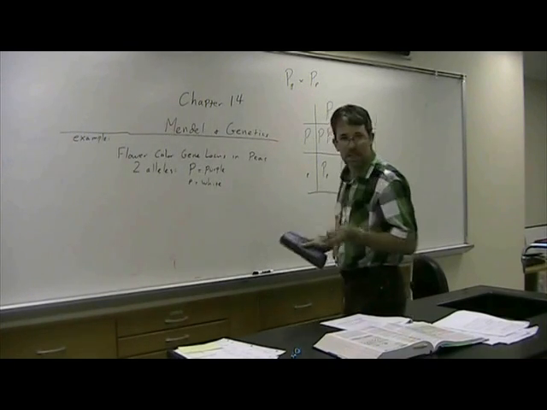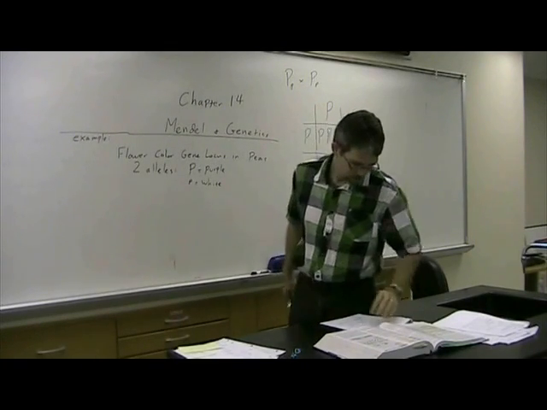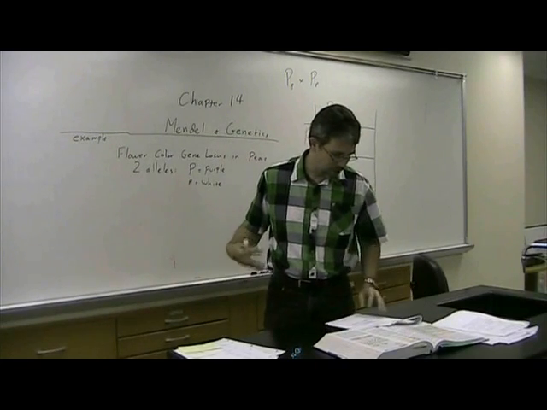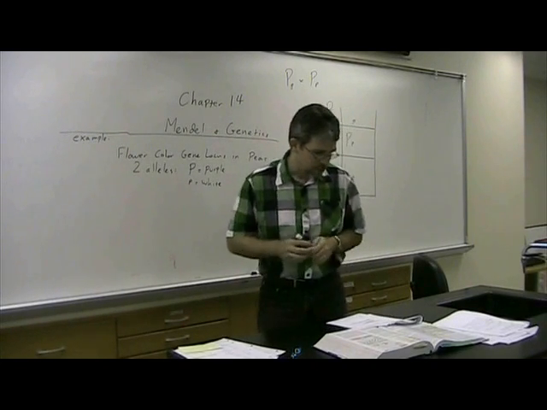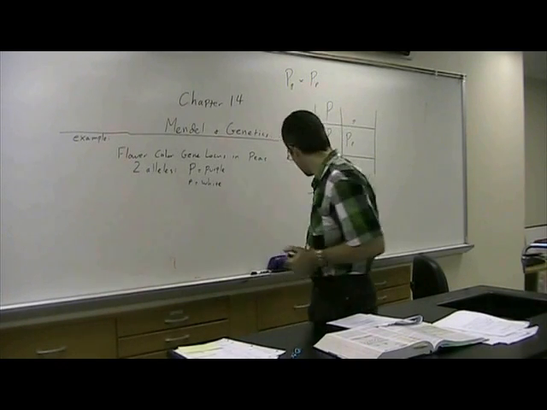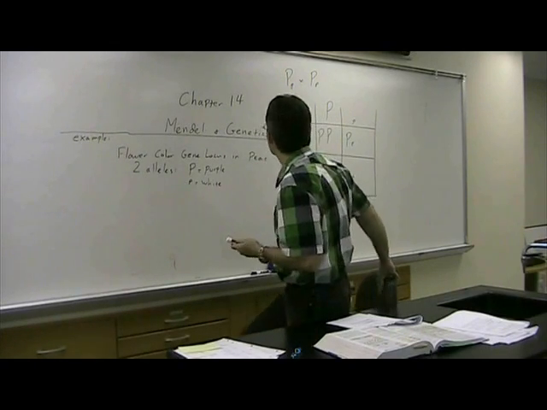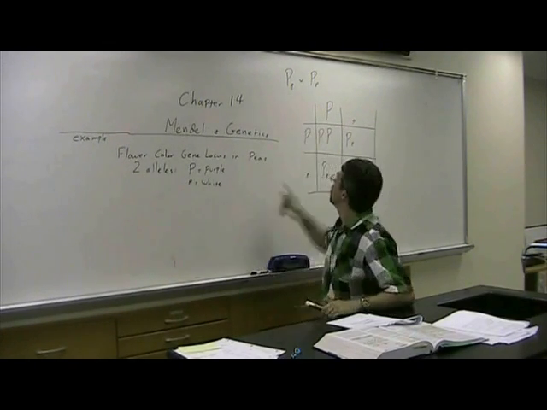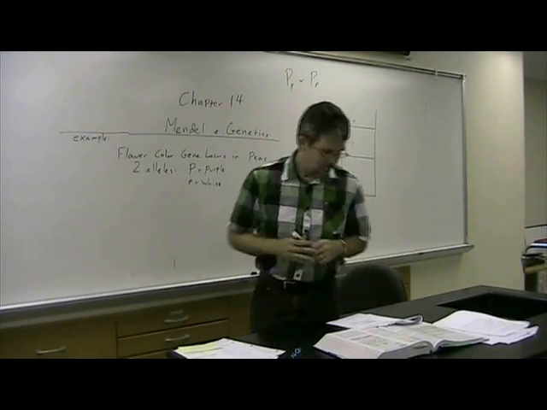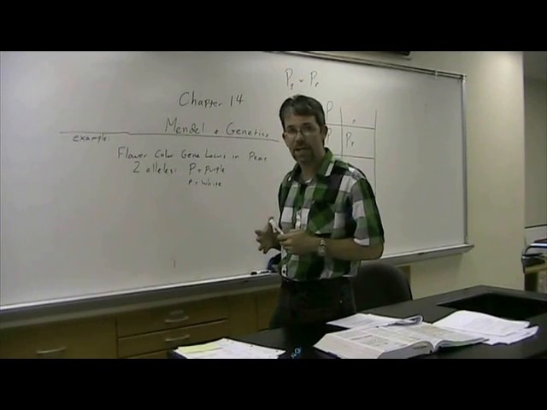Now, we need to cover some terminology here. Your notes have this example, and your notes have some vocabulary. You'll see the word genotype. The genotype is the genetic description of the organism. So, these are genotypes. Now, if both alleles are the same, we call this homozygous.